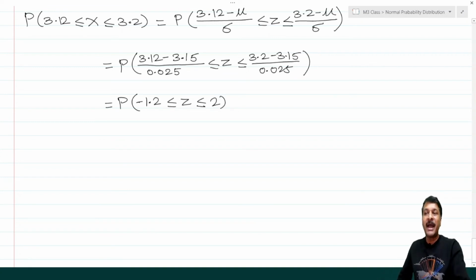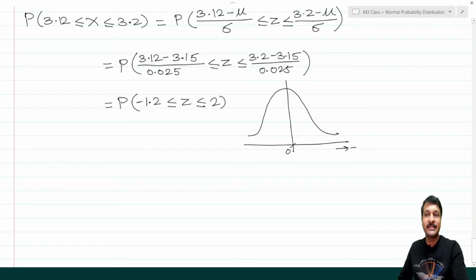So by graph or normal curve you can understand what is this actually. So here is this normal curve. So here z equal to 0 because z is along this, z equal to 2 here, and in negative direction z equal to minus 1.2. So we need this area, right?